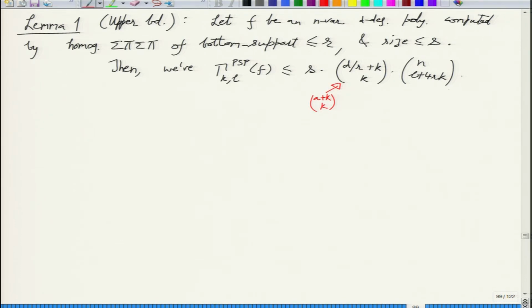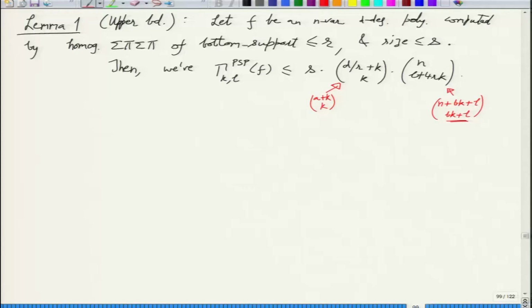And the second expression was something like n plus bk plus L, choose n, right? So how will that change to this? This will basically be because of the fact that we are now only looking at multilinear monomials.